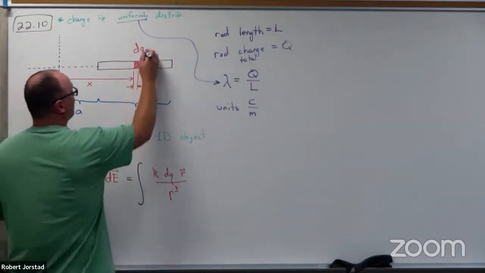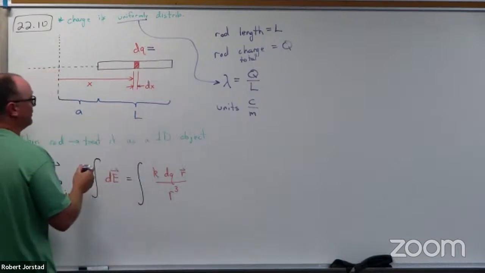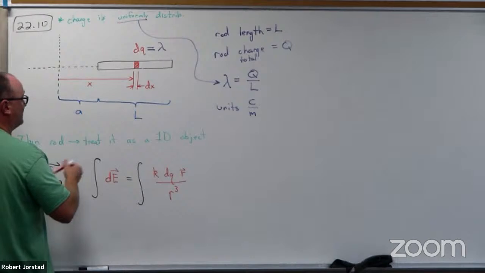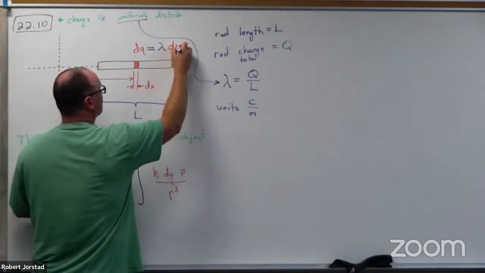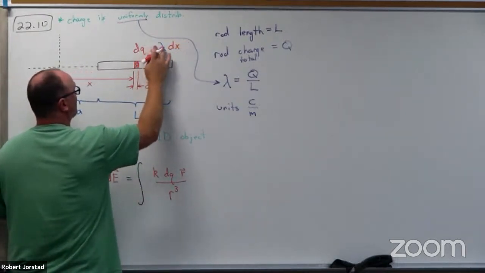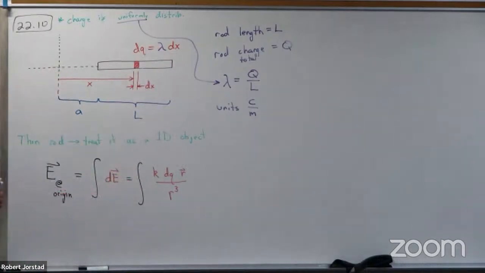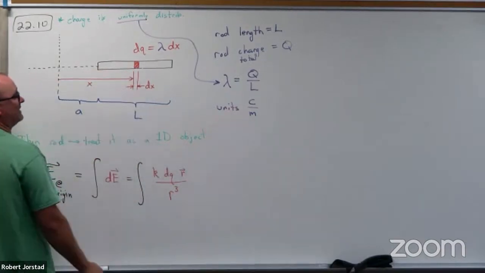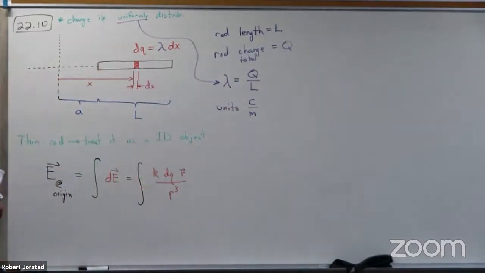Said another way, dq should be this lambda times dx. Maybe to make this look pretty, I'll put this in red. The idea is you tell me how many coulombs per meter and how many meters long the segment is, I'll give you the coulombs. Piece of cake.